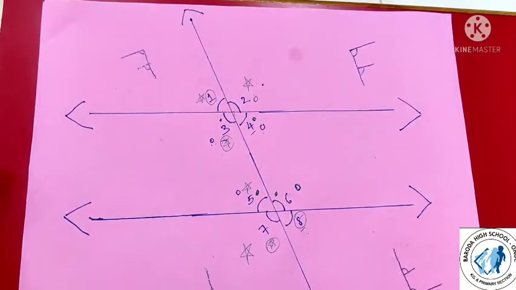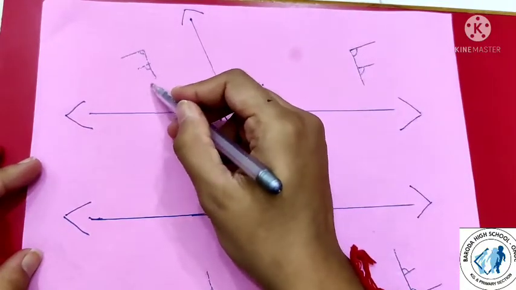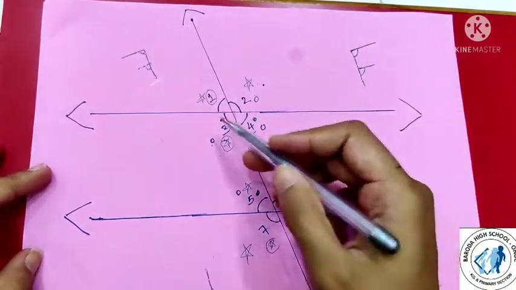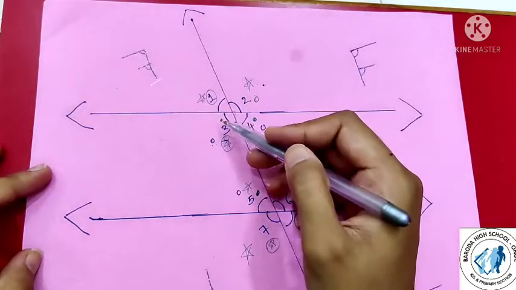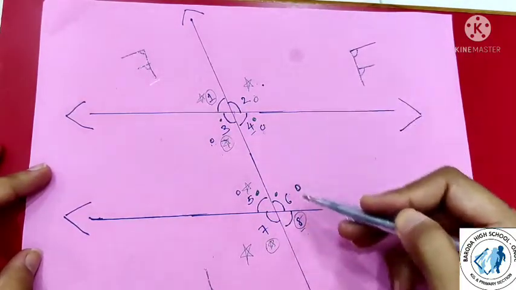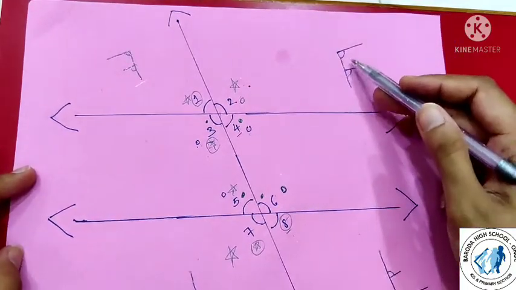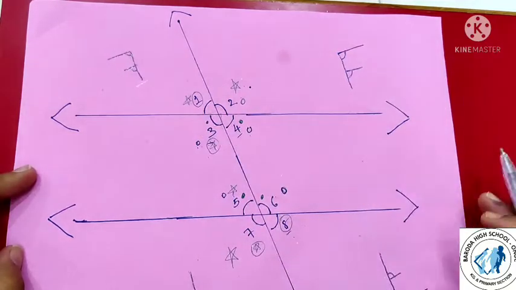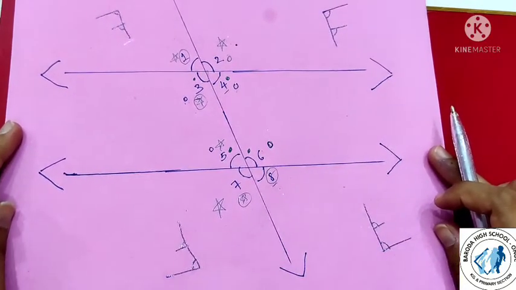So to remember easily, if we see an F kind of structure in the arrangement of the lines, that is our corresponding angles. Correct? Whether it is above or below. For all types of structure, if we have an F kind of structure, it is nothing but our corresponding angles.